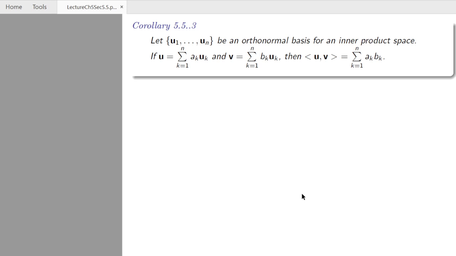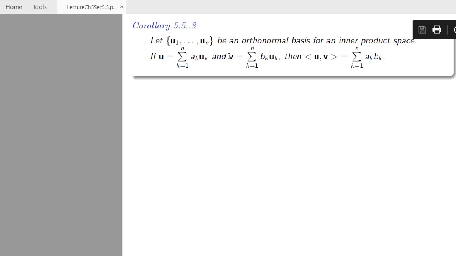Corollary 5.5.3. We assume u1, u2 to un is an orthonormal base for an inner product space V. In this case, let's consider two vectors u and v. Because we have the orthonormal base, we can write down u as a linear combination of the base.